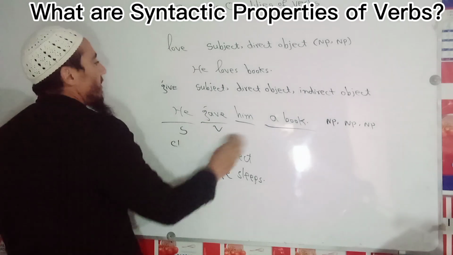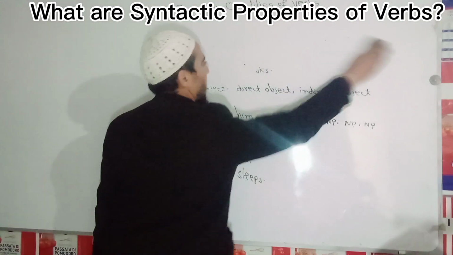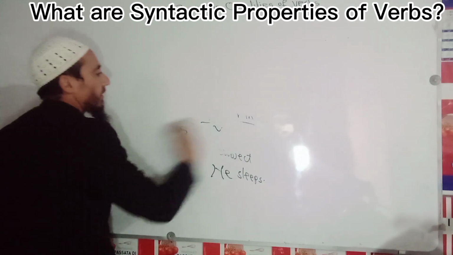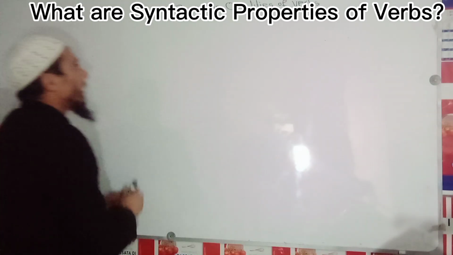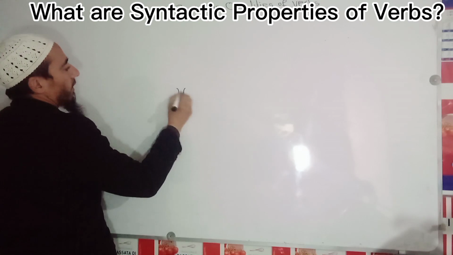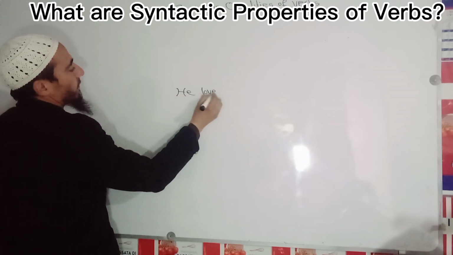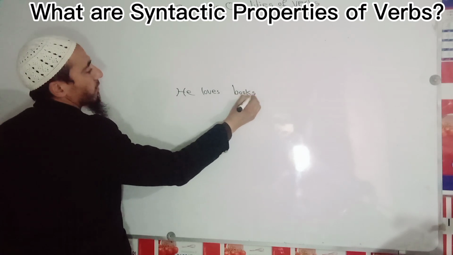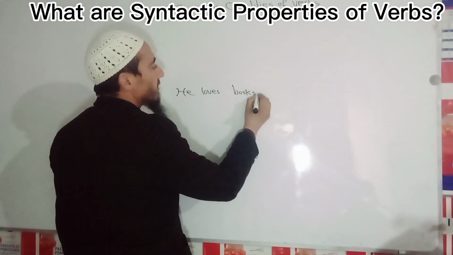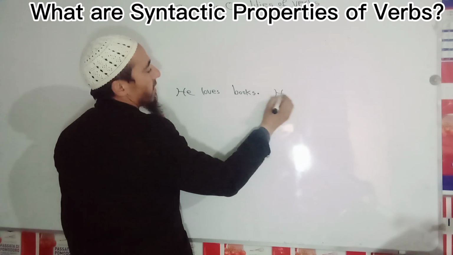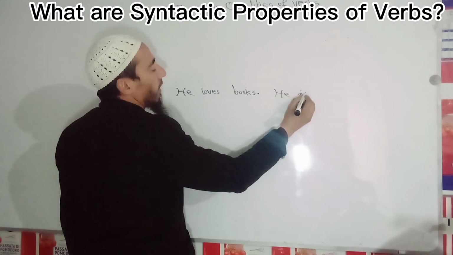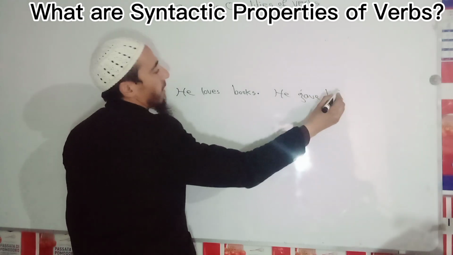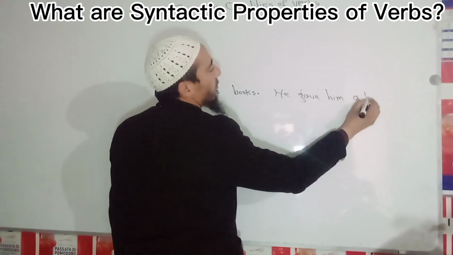Now, syntactically, I'm going to draw the structure of these sentences. First of all, I wrote a sentence: he loves books. This is the first sentence. The next sentence is: he gave him, for example, a book.